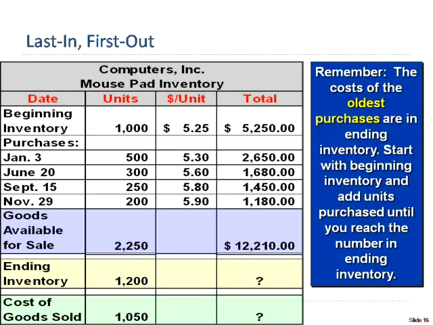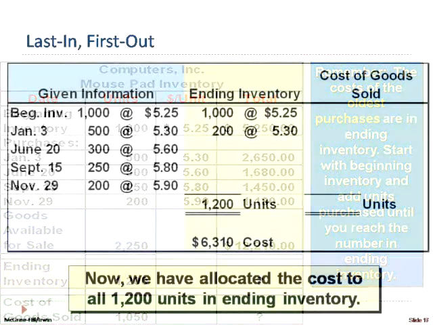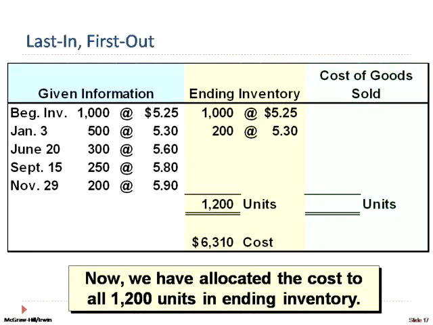So let's start with beginning inventory and add units purchased until we account for the 1,200 units in ending inventory. We start with the 1,000 units from the beginning inventory, and we keep adding layers of purchases until we reach 1,200 units in ending inventory. The total cost of our ending inventory is $6,310.